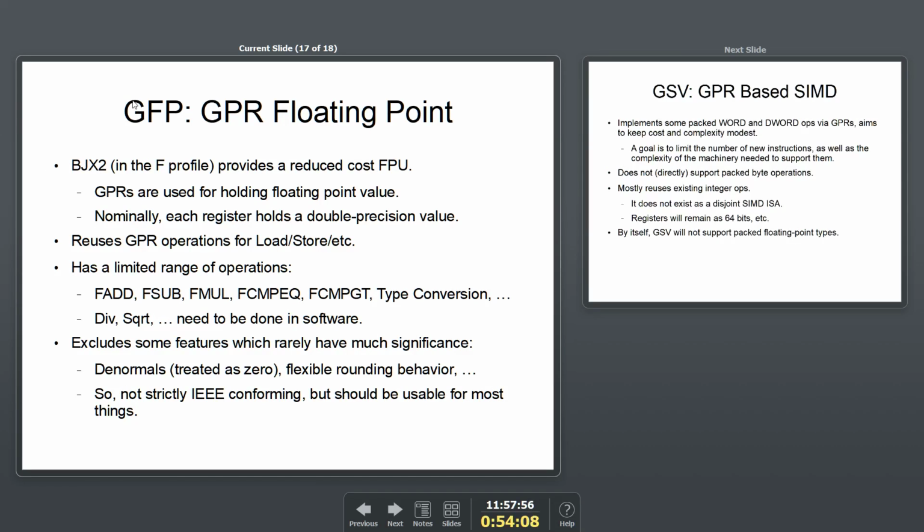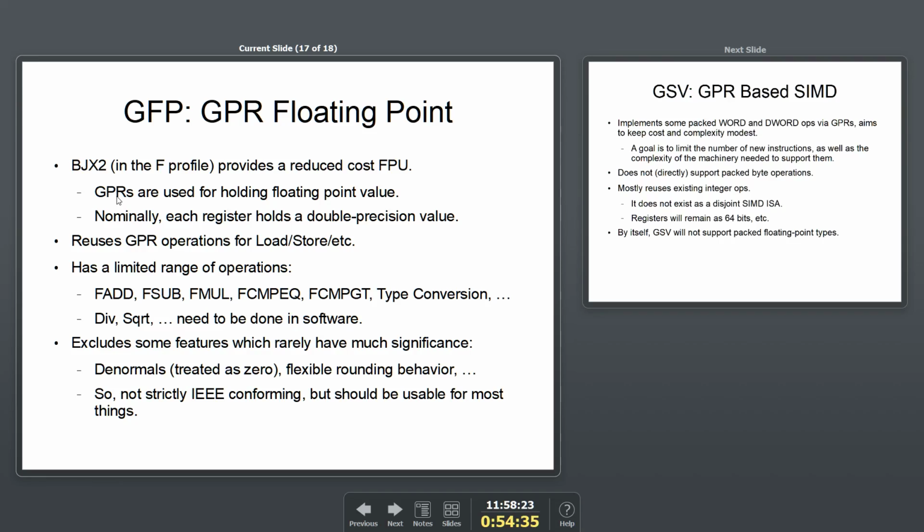GPR floating point, or GFP, in the BJX2 F profiles, but this will probably be extended to include the A profile and similar as well. It provides a reduced cost FPU, mostly via using GPRs rather than dedicated FPRs.